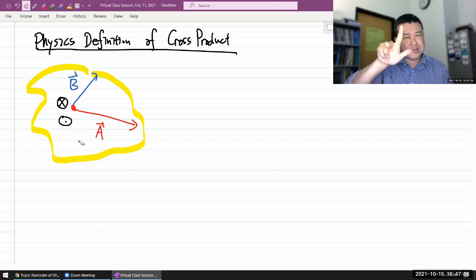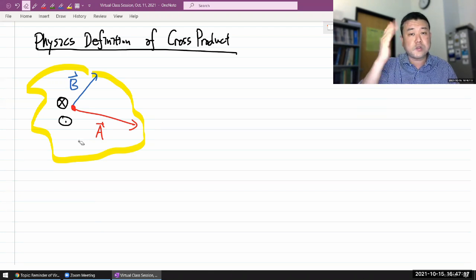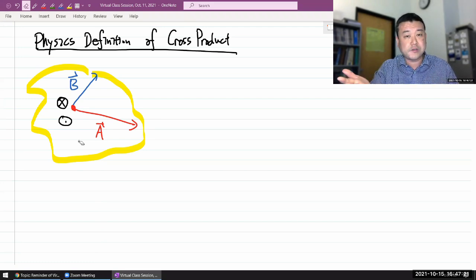There's a version that uses 3 fingers. I don't like it. Most particularly, it doesn't morph naturally into the other versions of the right hand rule you'll see this semester. The whole hand version morphs naturally into the other versions that you will see when we get to magnetism. So I'm going to use this.